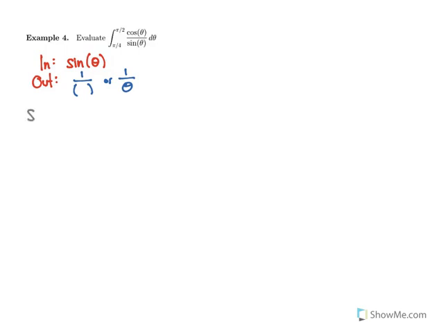So step 1 to find this antiderivative is we let u equal the inside function sine theta. Step 2 is we're going to find the derivative of u with respect to theta. That is going to be our cosine of theta.